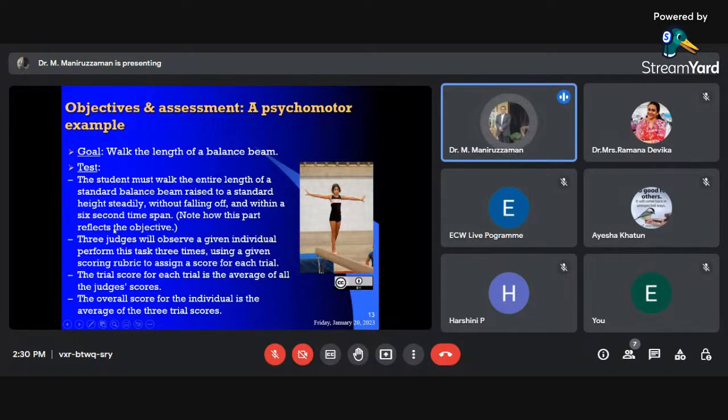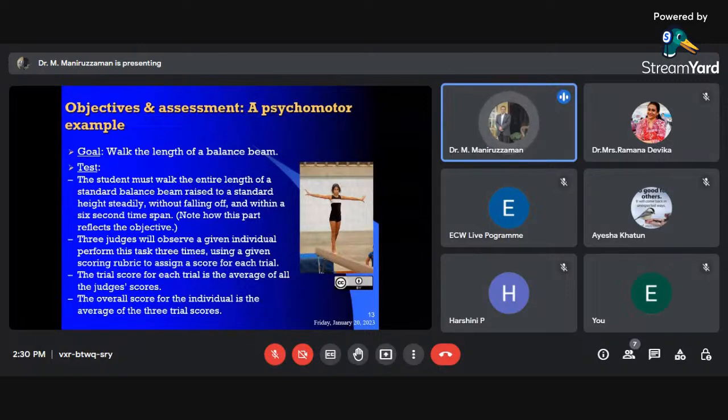The trial score for each trial is the average of all the judges' scores. The overall score for the individual is the average of the three trial scores.